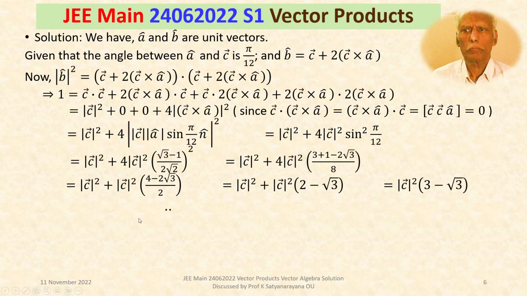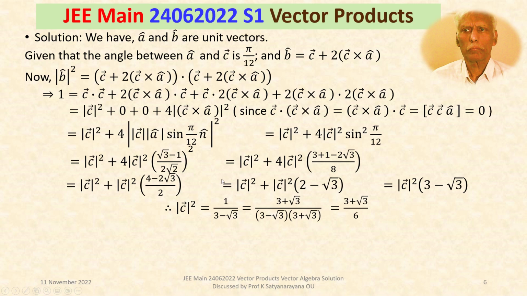Mod C square value will be 1 by 3 minus root 3. Now rationalizing the denominator, multiply both numerator and denominator by 3 plus root 3. Then you will get 3 plus root 3 by 3 minus root 3 into 3 plus root 3, which is 3 square, 9 minus 3, that is 6. So that's your mod C square value.